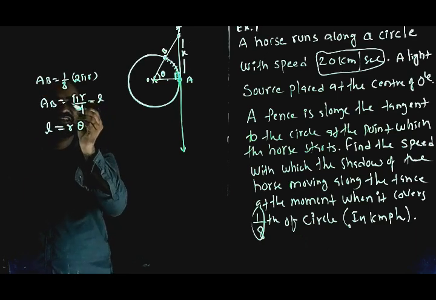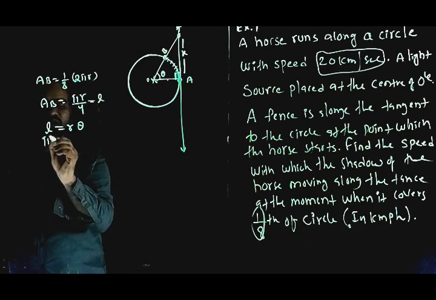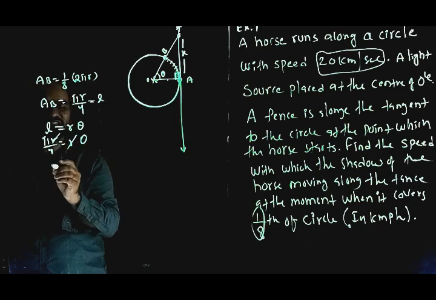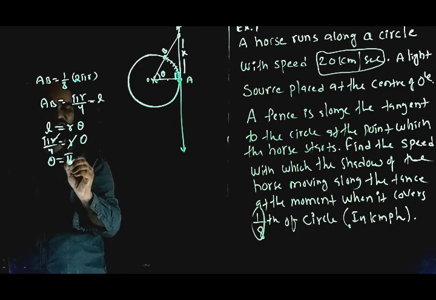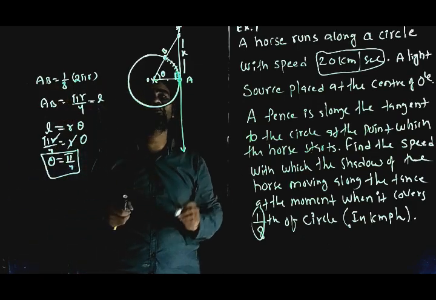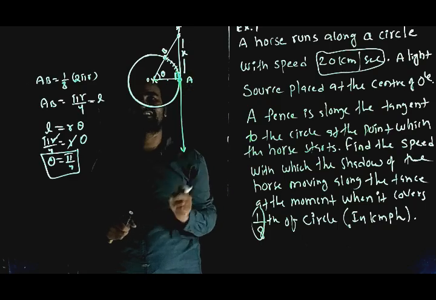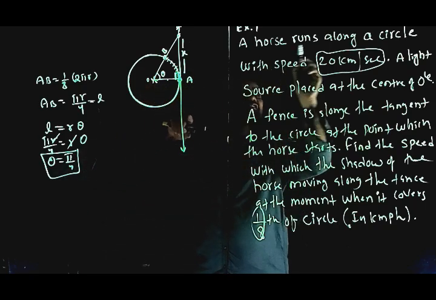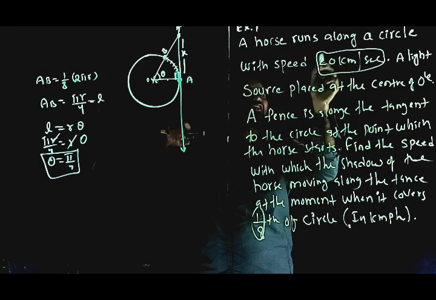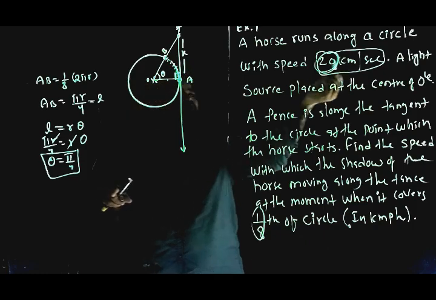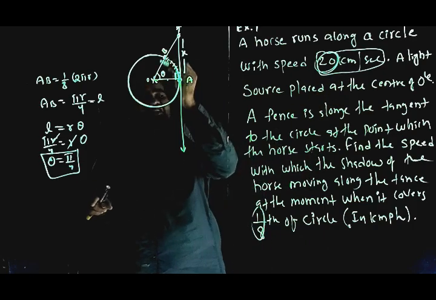L means pi r by 4. Pi r by 4 equals r theta. The r gets cancelled, so theta equals pi by 4. At this instant, we want to find the rate at which x is changing. One more important thing is given: a horse runs along a circle with a speed of 20 km per hour, which means the change of AB is 20 km per hour.